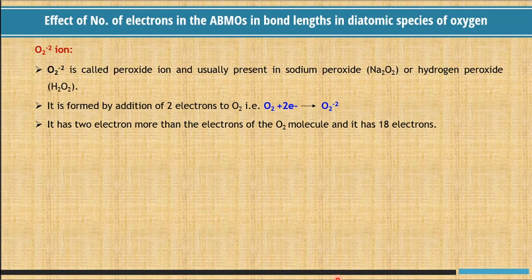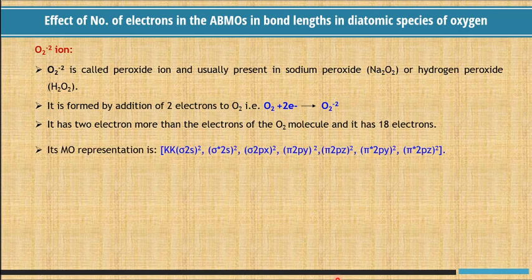It has 2 electrons more than the oxygen molecule, and it has 18 electrons. Its molecular orbital representation is KK sigma 2s2 sigma star 2s2 sigma 2px2 pi 2py2 pi 2pz2 pi star 2py2 and pi star 2pz2.